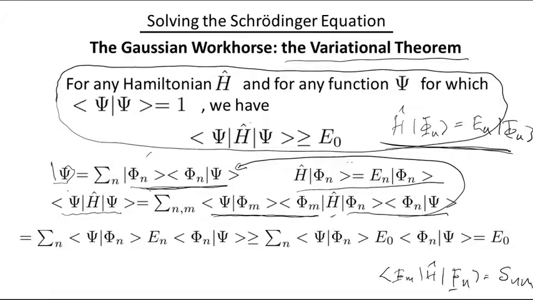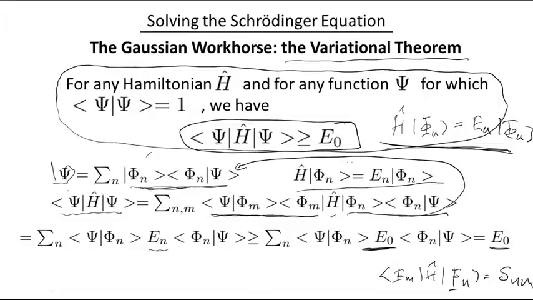And now this sum must be greater than or equal to the same sum where instead of taking the state-by-state energy, we take the common ground state energy, E naught, and then this sum is just E naught. So in other words, this term proves that the average expectation value of the Hamiltonian is greater than or equal to the ground state energy.